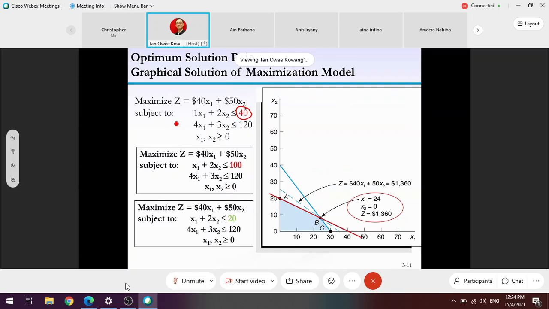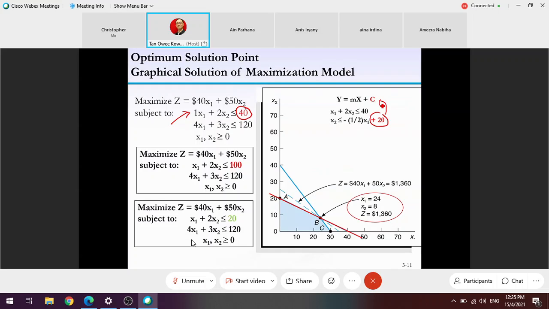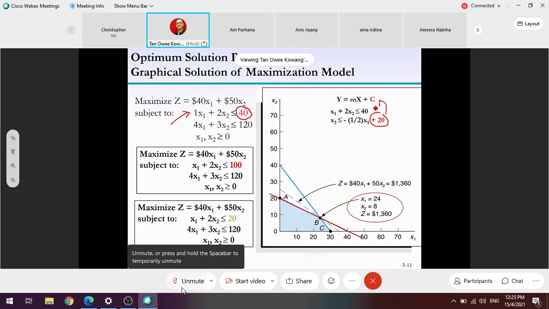Let's look at the constraint for labor first. If we convert the constraint into the format y equals mx plus c, as we did yesterday, then plus 20 refers to the intercept at the x2 axis, or y axis.